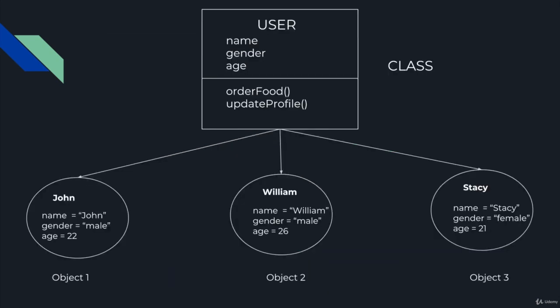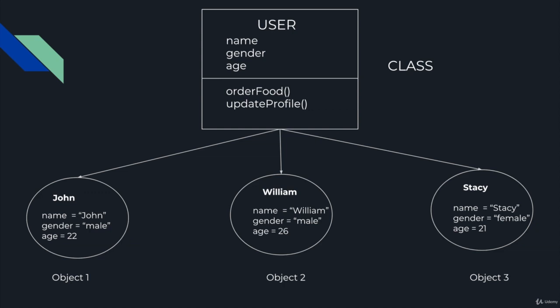Similar to John, we can create multiple objects like William, Stacy, which have their own state and behavior. The state will be name, gender and age. These are multiple objects created using the template or blueprint, which is nothing but a class.